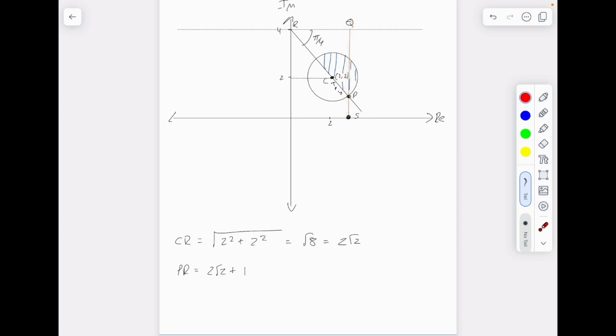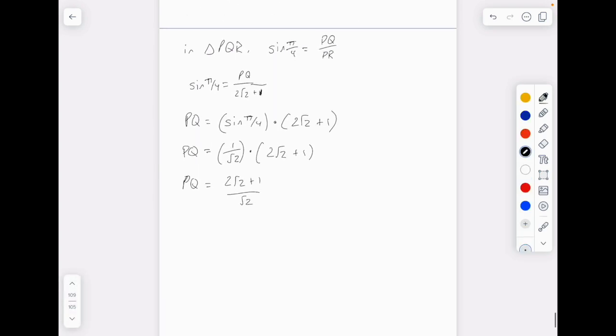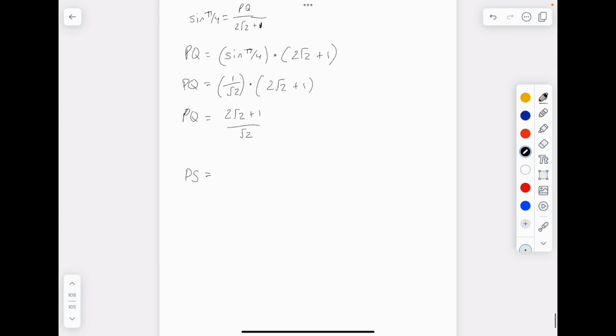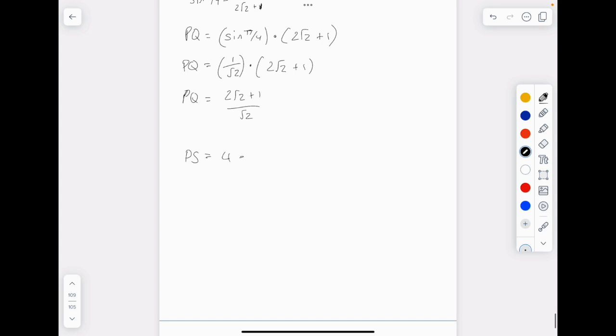So what we can say is PS is equal to 4 minus 2 root 2 plus 1 over root 2.